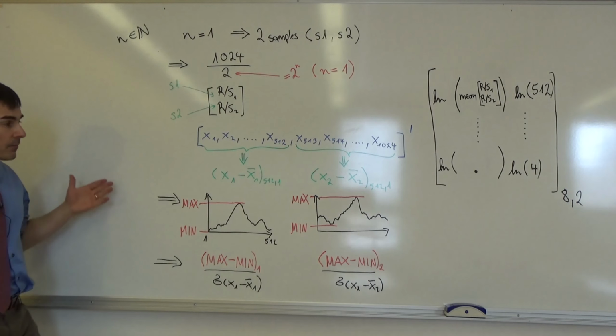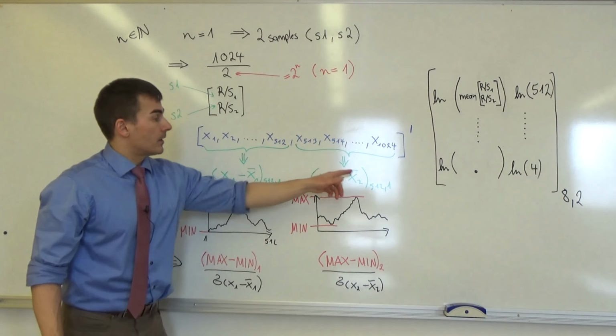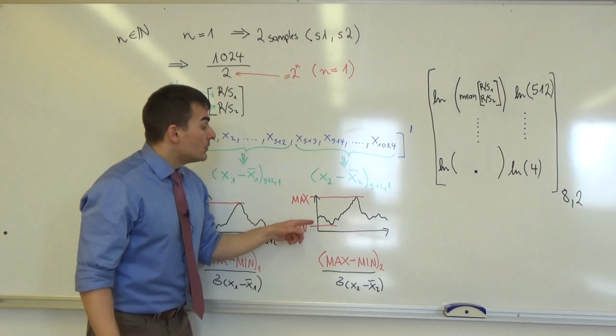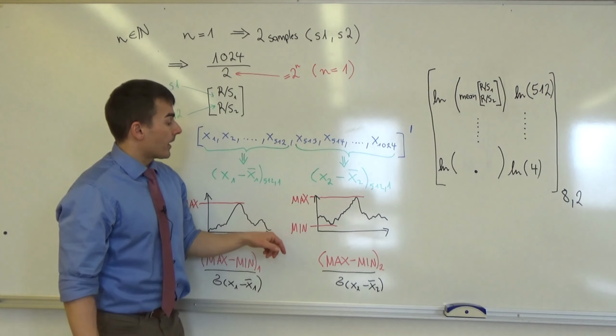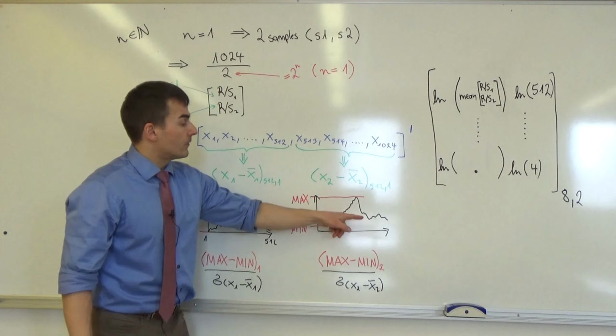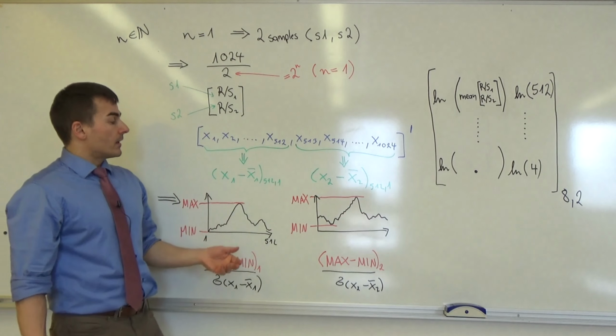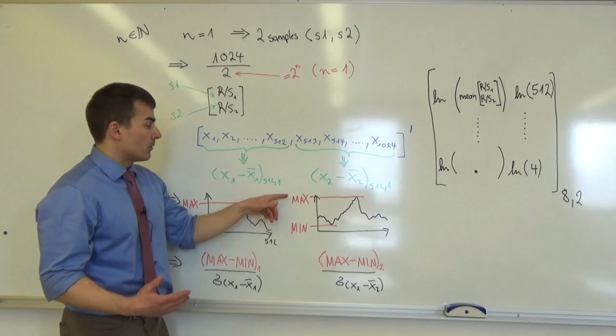We do the same thing for the second sample here, x2 minus x2 bar. Here again we compute the cumulative return or the cumulative observations here. And let's say this is what we get, this time series evolution here. And then again, we observe what's the maximum, what's the minimum.